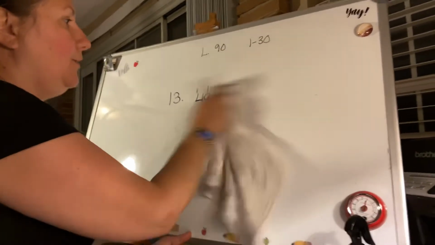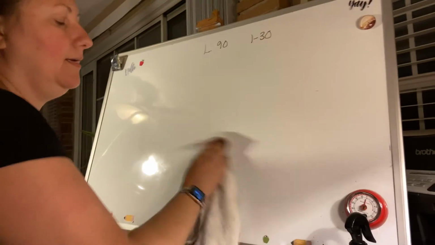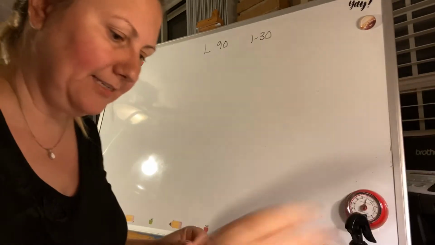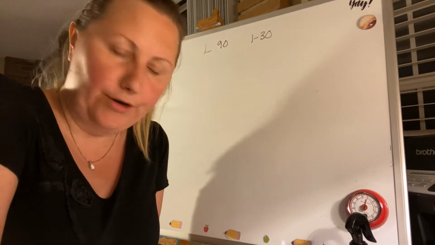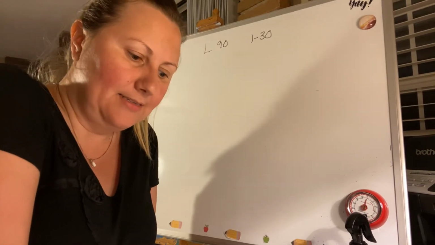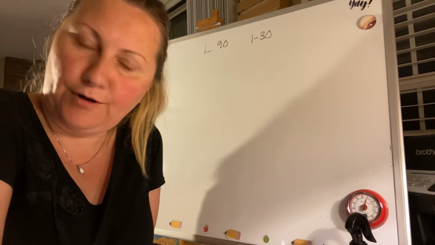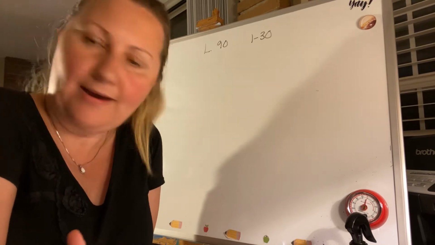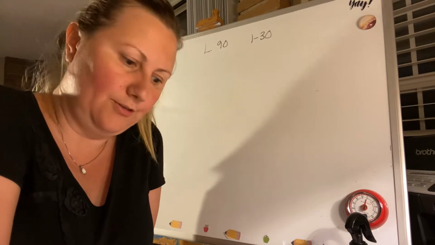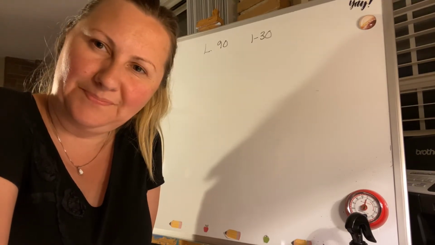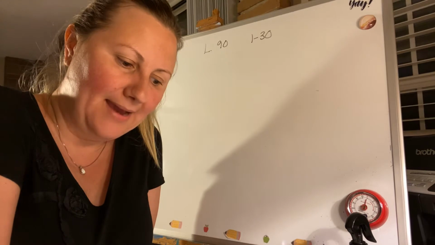Now, I would like you to very carefully write down number 15. Put them in the right order, check it, and then pause the video for just a moment. And I'm not going to do this one with you. I'm going to give you the answer. So pause. Now come back.